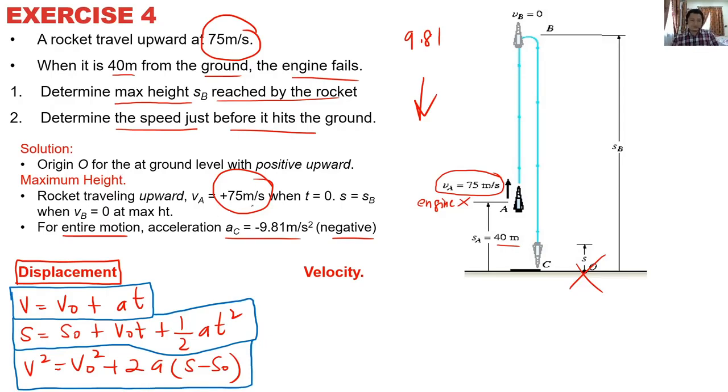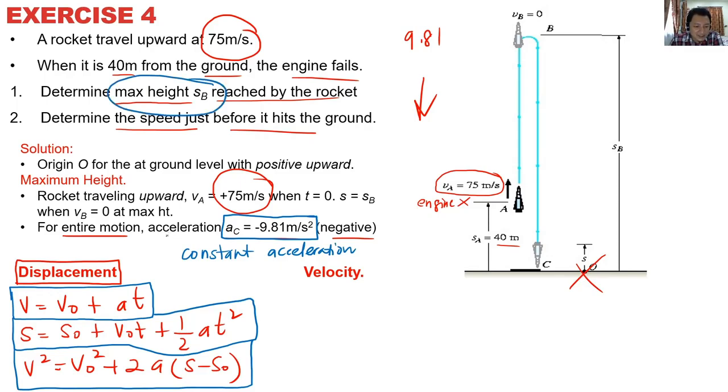These are the 3 equations which you can use for any motion under gravitational pull or constant acceleration. So what do they want to find? Maximum height.